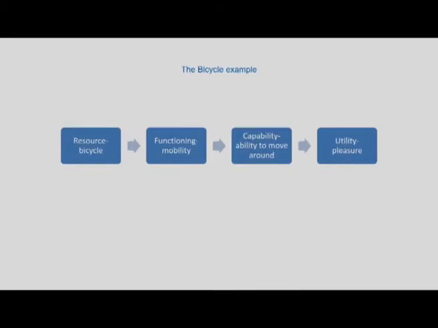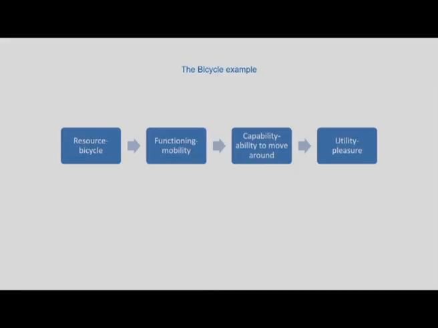The capabilities approach has been unequivocal in pointing out that the focus should be on opportunities or capabilities. Let me end this lesson by taking the famous bicycle example again of Sen.